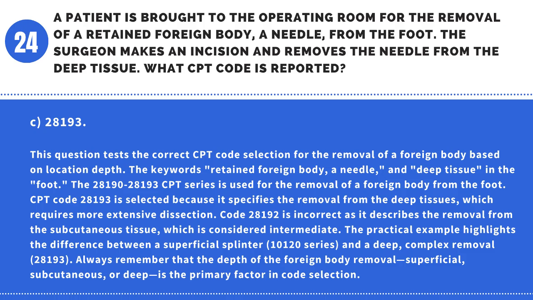on location depth. The keywords are retained foreign body, a needle, and deep tissue in the foot. The 28190 to 28193 CPT series is used for the removal of a foreign body from the foot. CPT code 28193 is selected because it specifies the removal from the deep tissues, which requires more extensive dissection.